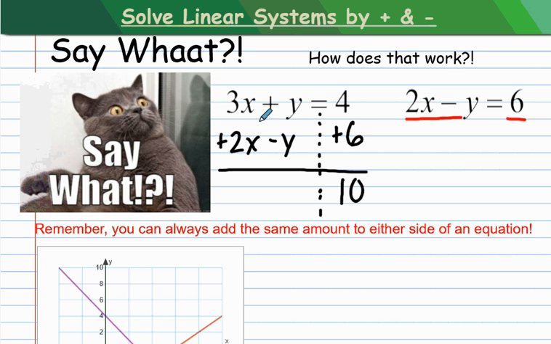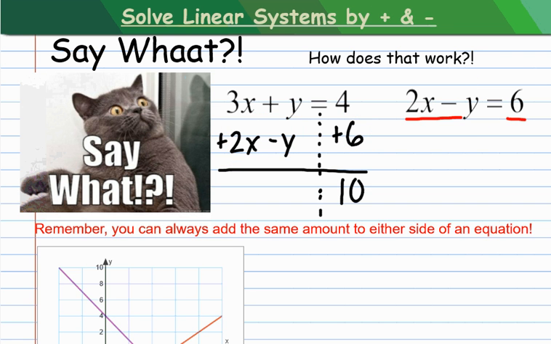That's the same weight as 6, so it's a valid step. So I am literally adding 6 to both sides. Maybe I should do it in red here because I did them in red on the other side. I'm literally adding 6 to both sides. It's just the left side doesn't look like the number 6, but it's 2x minus y, and in this specific situation, that is equal to 6.